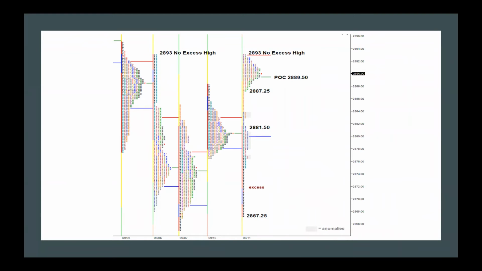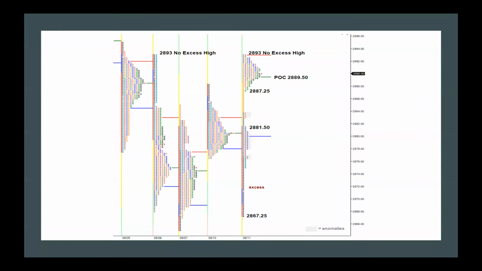You can see that bell curve distribution, right? And the point of control for whatever period you're looking at is the biggest bar, where the most volume has occurred. It's the price where the most volume has occurred. That is what's considered the point of control.